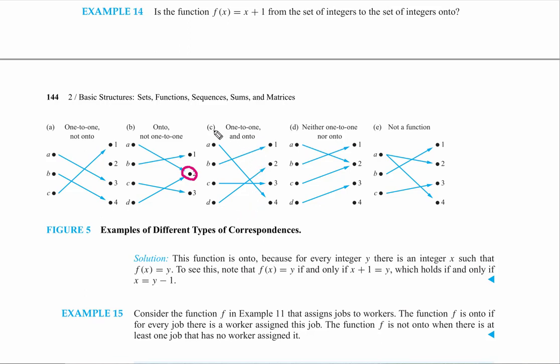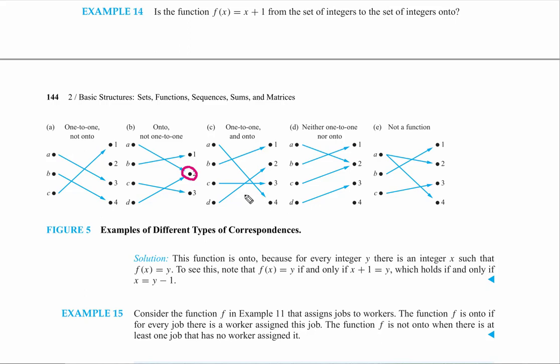And this picture C, this is one-to-one and onto. So this is a one-to-one correspondence. It has both properties, and again you can see that the A, B, C, D, we can link that to the codomain 1, 2, 3, 4.